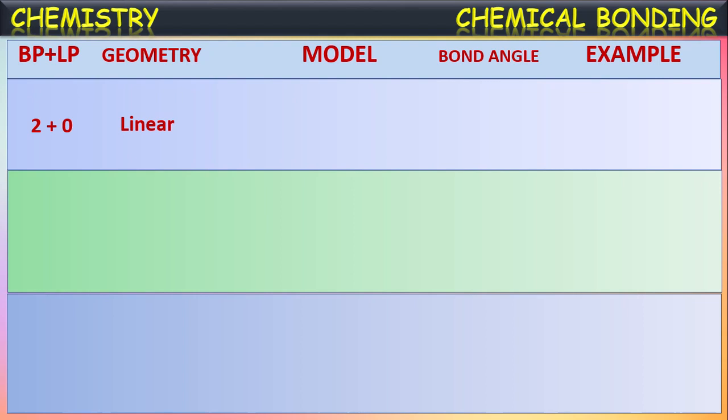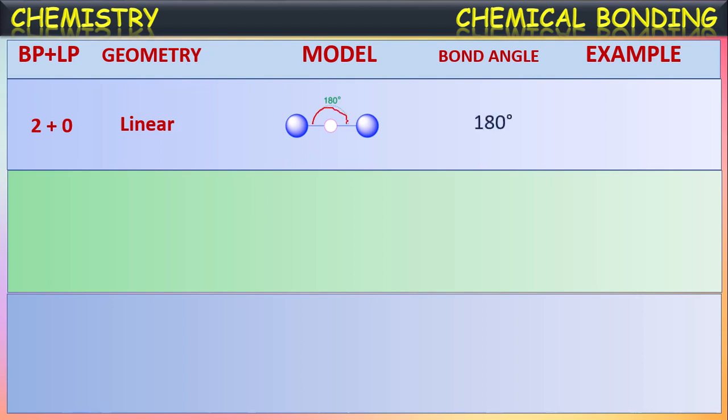Its shape will be like this model. The central atom is represented like this and two bond pairs are arranged in a linear shape on opposite sides. If they are in a linear shape, what will be the bond angle? The bond angle will be 180 degrees.